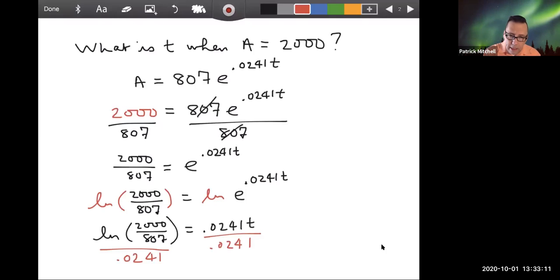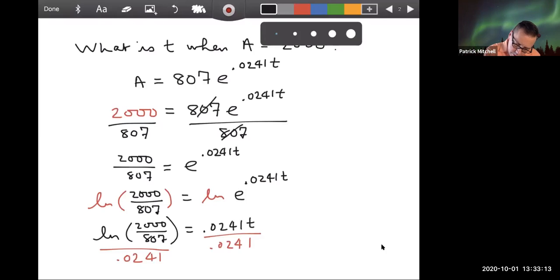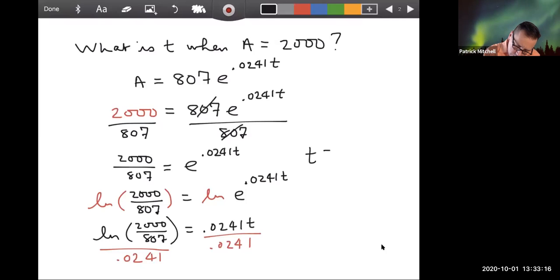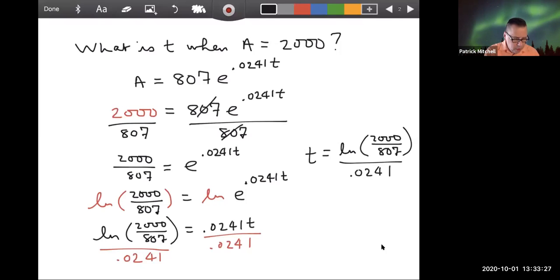And what I get is t equals natural log 2,000 divided by 807, divided by 0.0241, and that is approximately 37.6588.